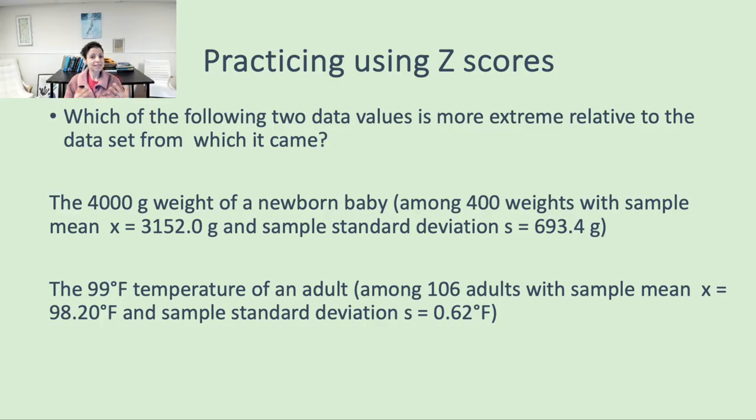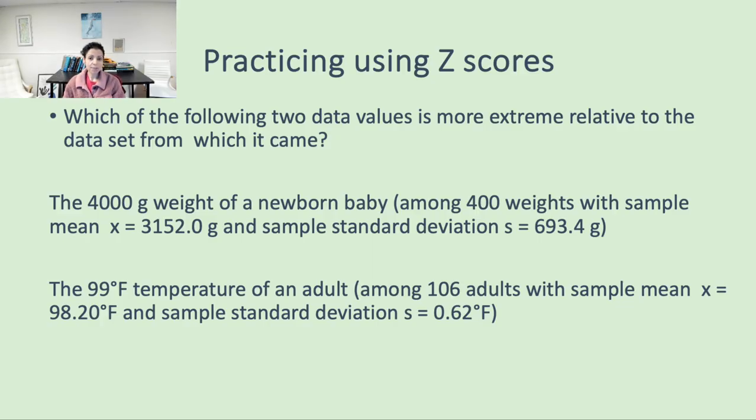And the standard deviation of that sample was 693.4 grams. So a baby weighing 4,000 grams, the mean for that data set was 3,152 grams, the standard deviation was 693.4 grams.